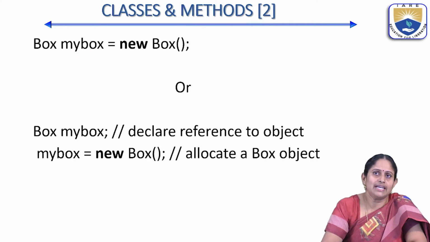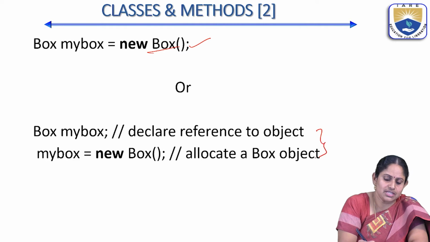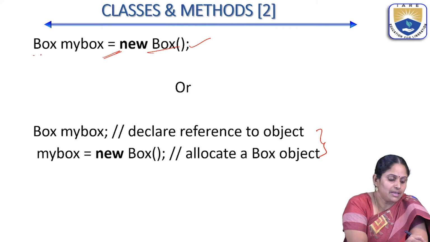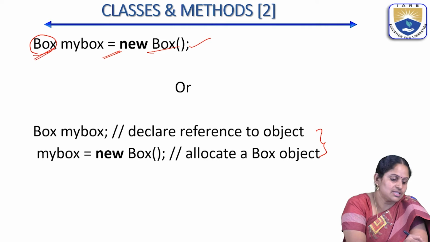Now, when we want to create an object of the class, we use these statements. We may use either this statement or these two statements together. What we are doing is creating an object of the Box class.